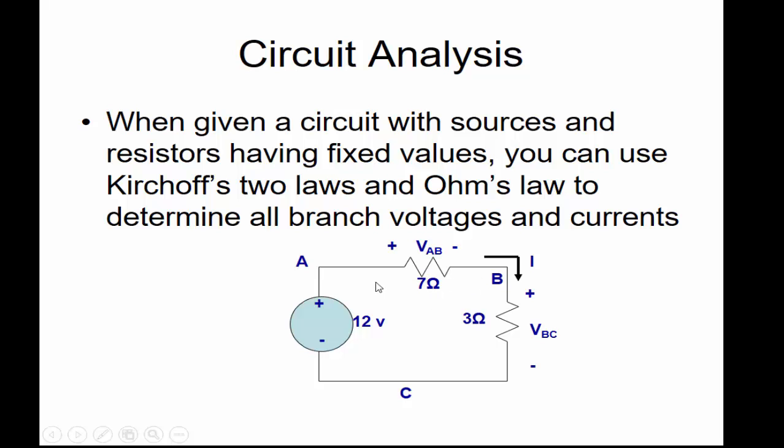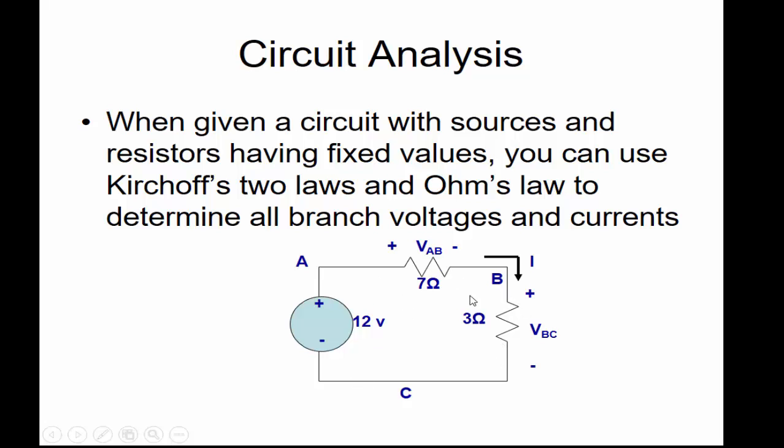But then if this is the same current that is traveling around this series circuit, then we can come up with an equation which again looks at the summation of voltages within the loop being equal to 0. So if we put our polarity, if this is the current that is flowing, then this is plus minus. It's also plus minus.